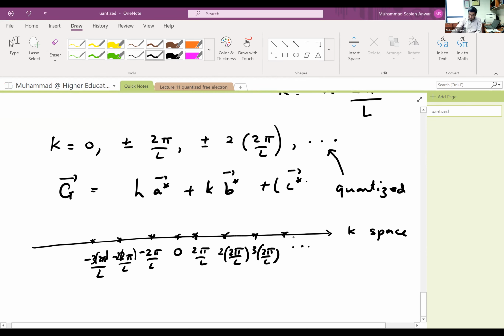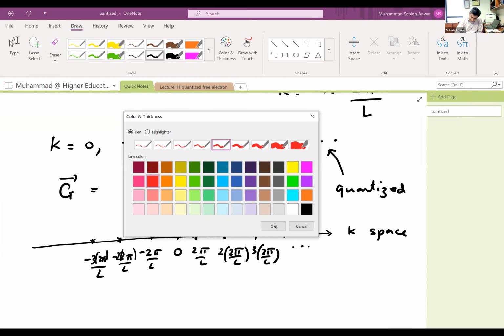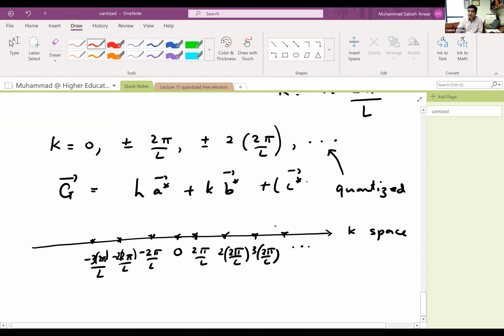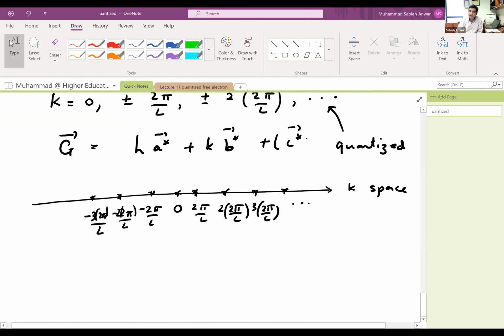And K gets quantized. And if you were to talk about a reciprocal lattice vector in one dimension, say, if the unit cell spacing is A, then the reciprocal lattice vector will have a length 2 pi over A. And 2 pi over A could be a big vector, because A is much smaller than L. And one reciprocal lattice vector can fit in trillions and trillions of K space points.